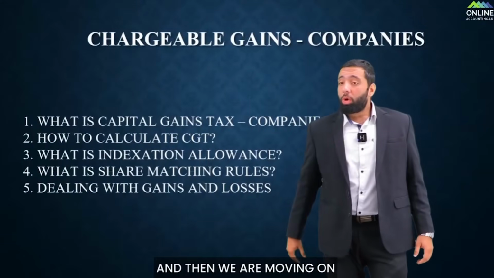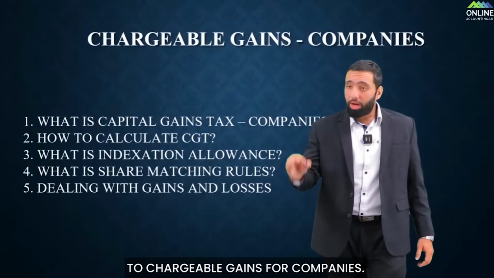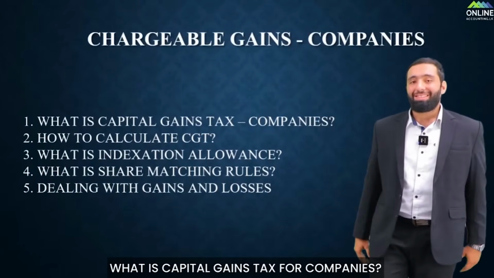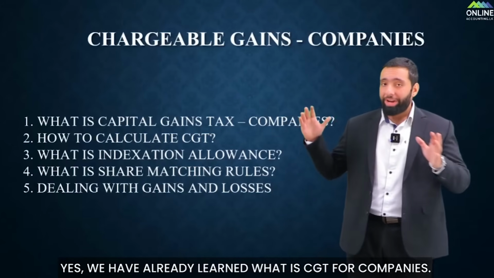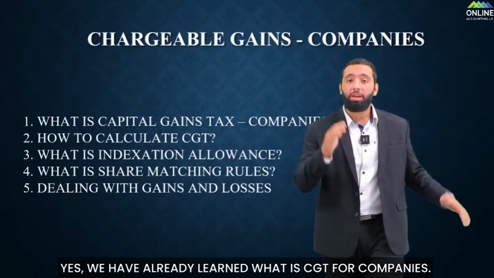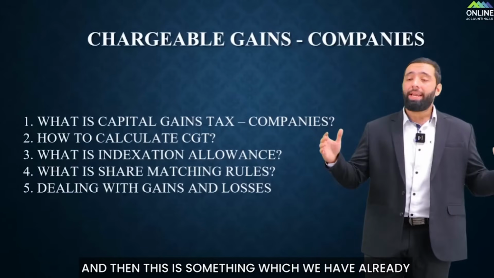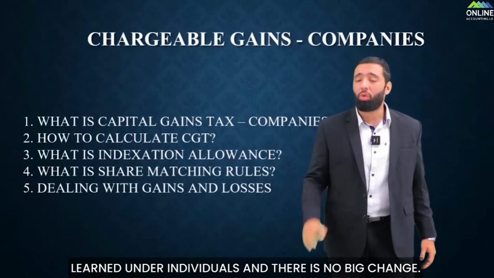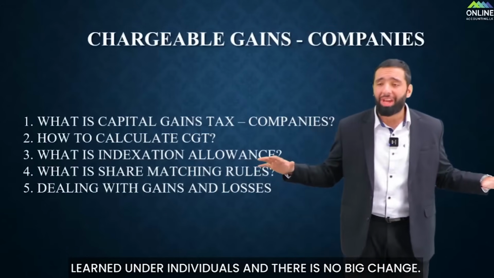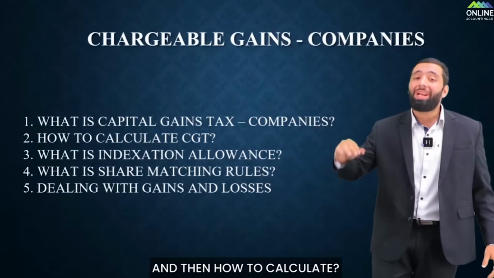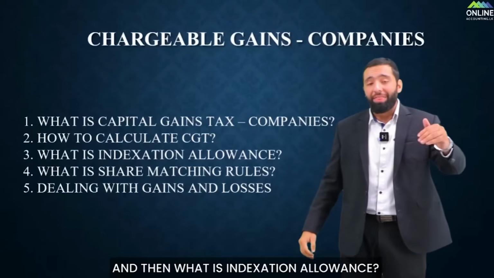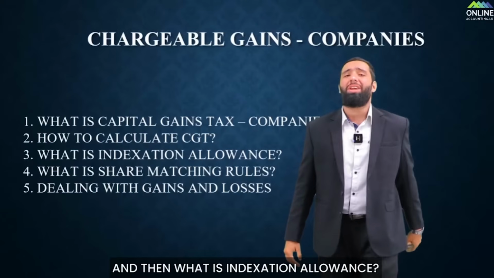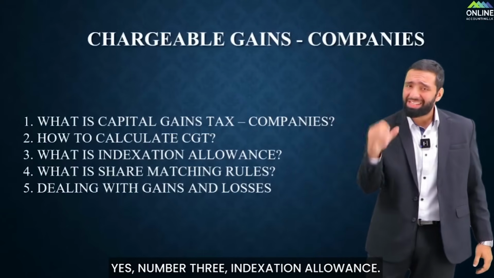And then we are moving on to chargeable gains for companies. What is capital gains tax for companies? Yes, we have already learned what CGT for companies is. This is something which we have already learned under individuals, and there is no big change. And then how to calculate? Yes, we have done this. And then what is indexation allowance? Yes, number 3, indexation allowance.